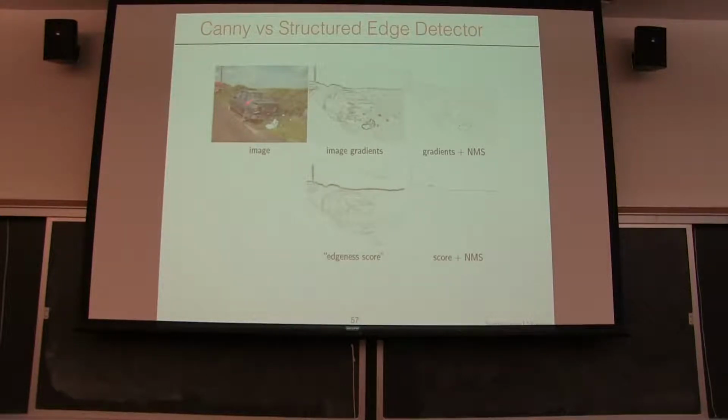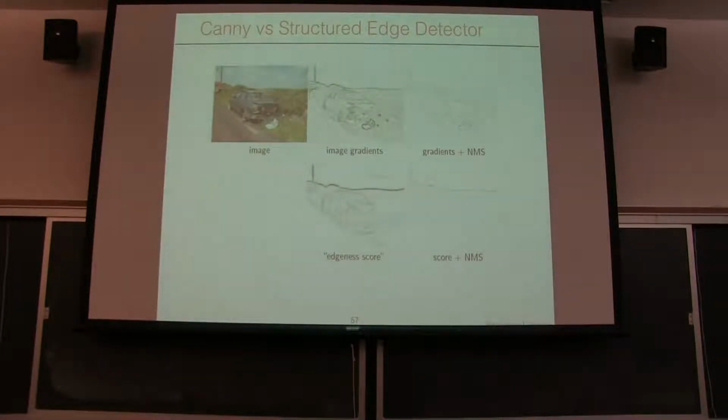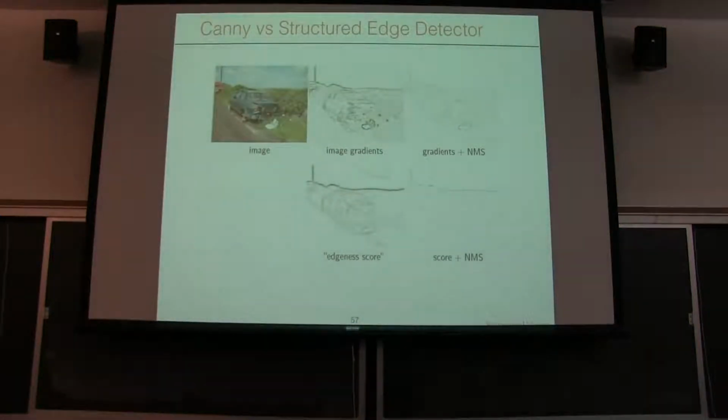So this is the original image. This is if you apply gradients. This is gradient plus non-maximum suppression, so this Canny-type edge detector, and this is the edginess score, and it's very hard to see in this light. Is it better?